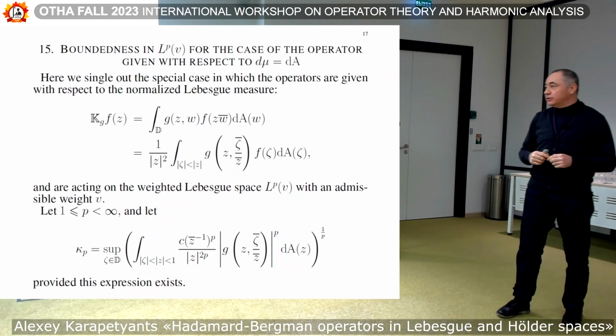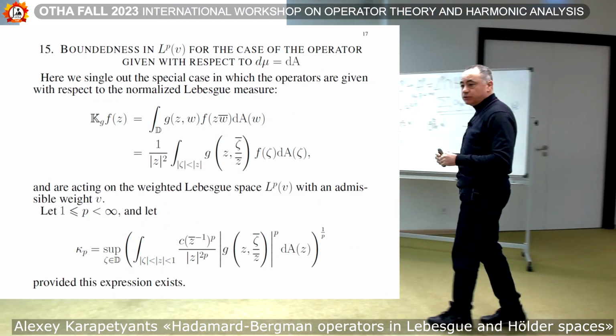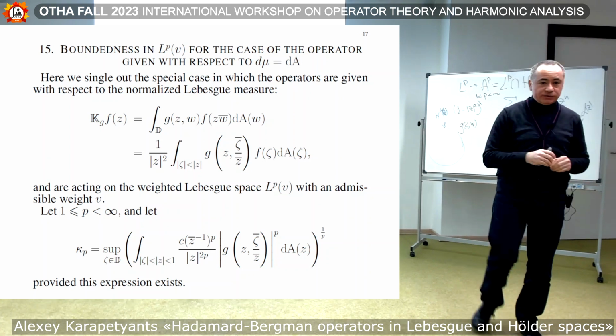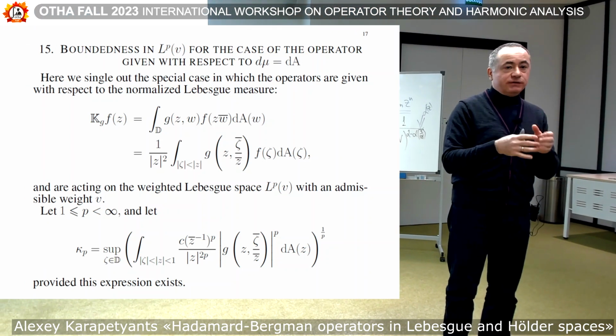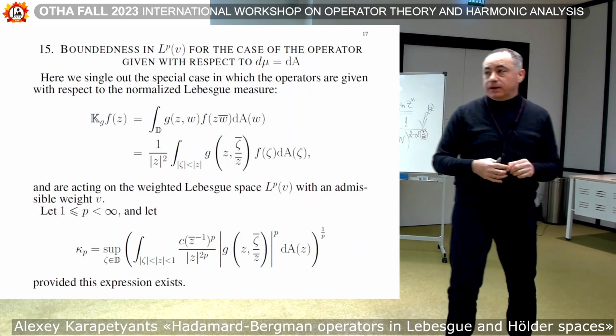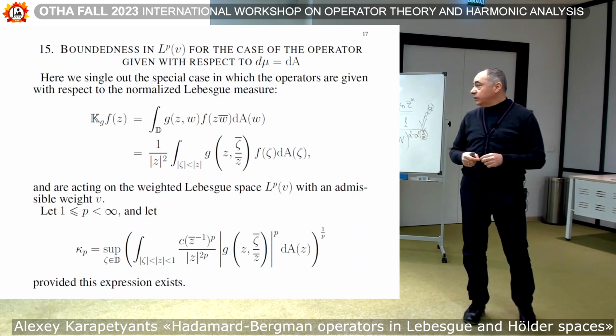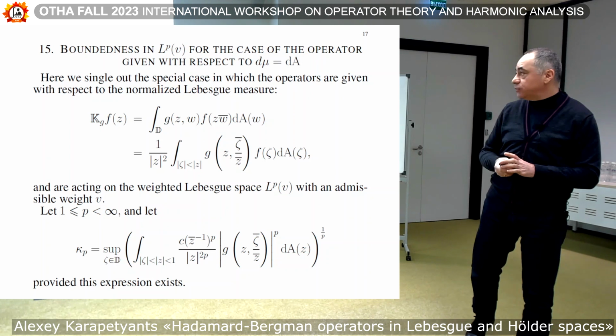Actually, I also want to say that this operator appeared to be the best candidate for the so-called operator with homogeneous kernels. We know the theory of operators with homogeneous kernels. It's a real variable theory. We know many theorems, many facts about the homogeneous operators.